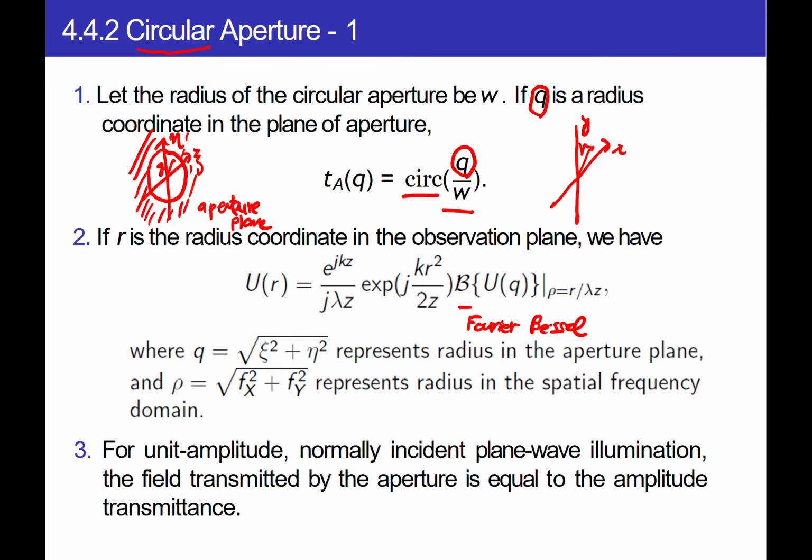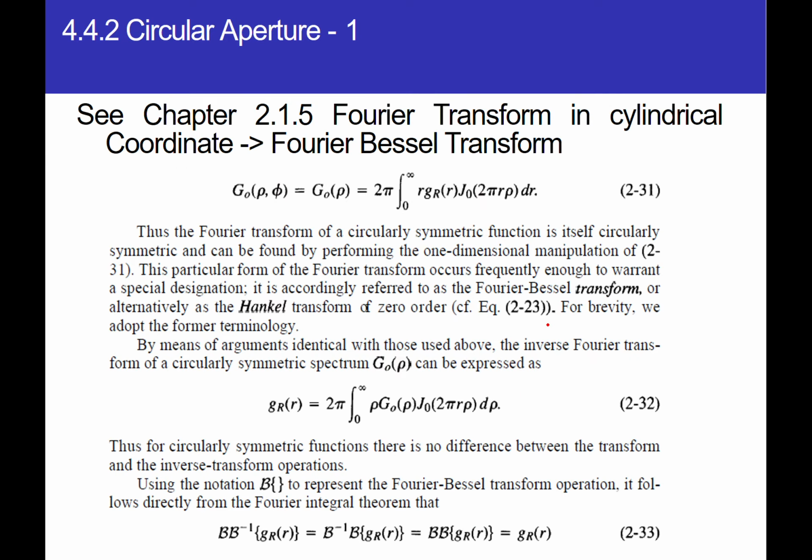Those who don't recall this need to go to chapter 2.15. The Fourier transform in cylindrical coordinates becomes the Fourier-Bessel transformation, such that we use B instead of F in cylindrical coordinates.